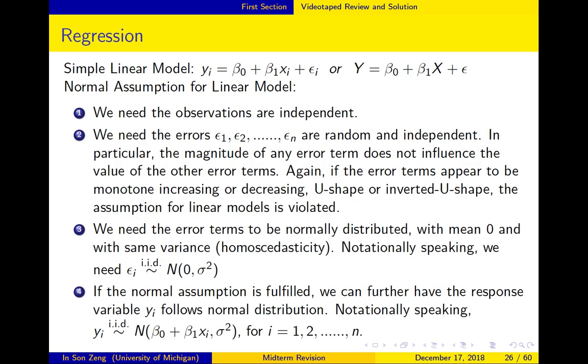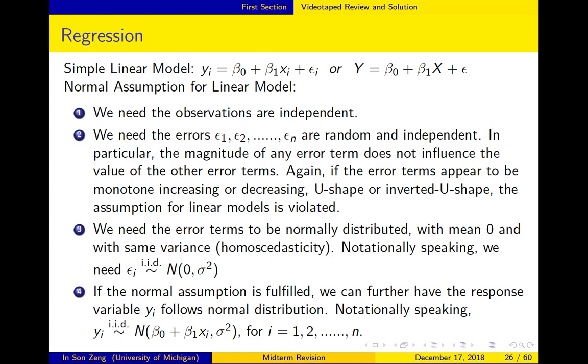We also talk about the normal assumptions for the linear model. The simple linear model is yi equals beta 0 plus beta 1 xi plus epsilon i, where yi is the response or the dependent variable for observation i, for i equals 1, 2 to n.